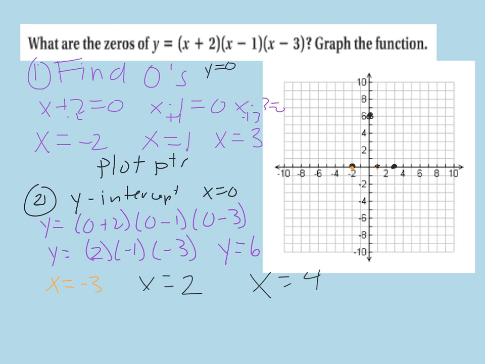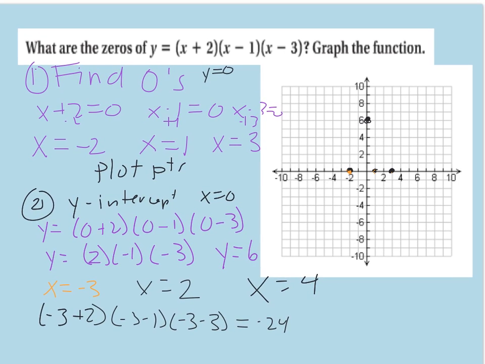So if I plug negative 3 into my equation, let's just do that one first. Negative 3 plus 2, and then negative 3 minus 1, and negative 3 minus 3. If I plug that in, you would get negative 24. So that means when you graph that point where negative 3 is, it's going to be going down. So I'm going to be pointing my arrow down like so.